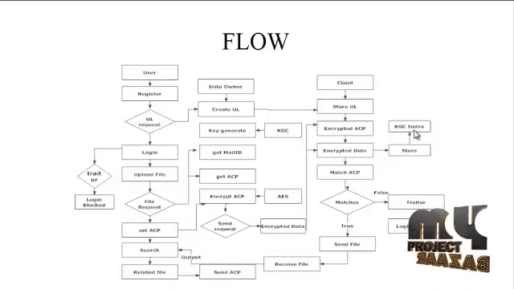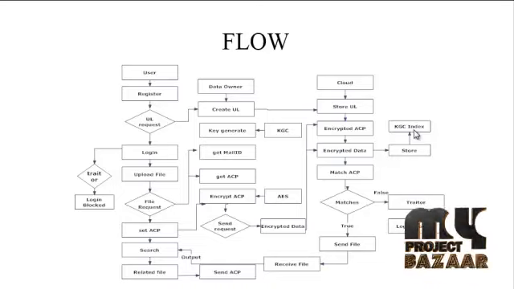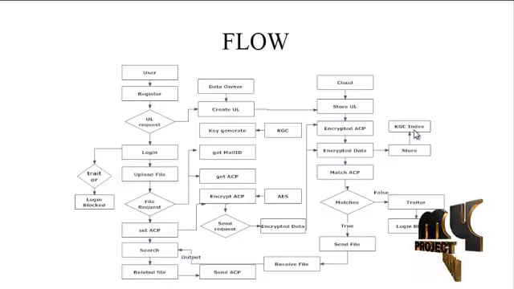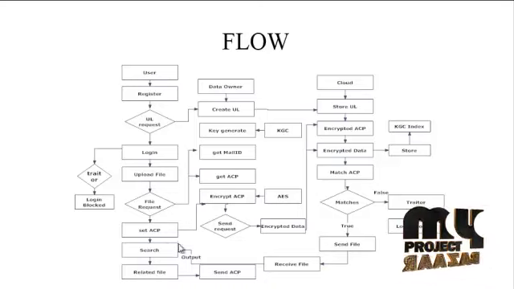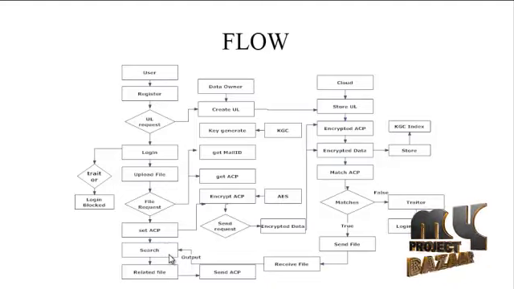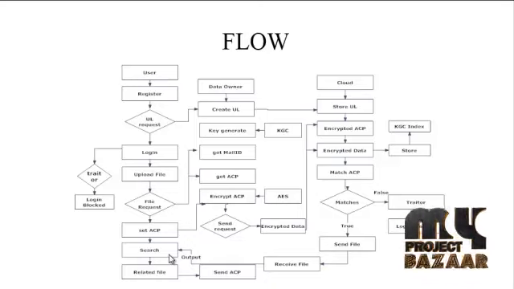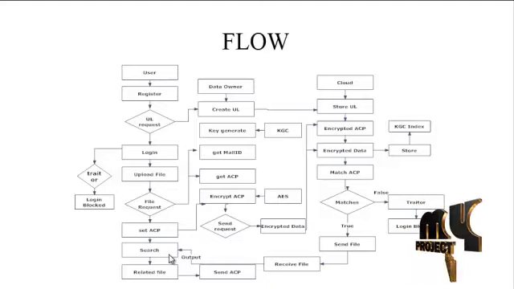Once the data is stored, the user can search their uploaded file using the ACP. If the user searches for the file depending upon their query, it will be directly retrieved from the cloud, not involving the data owner.